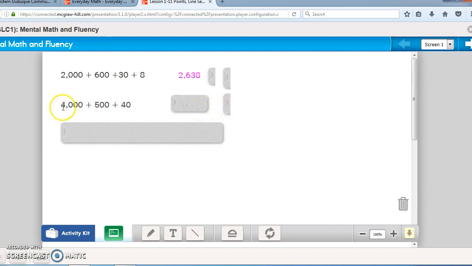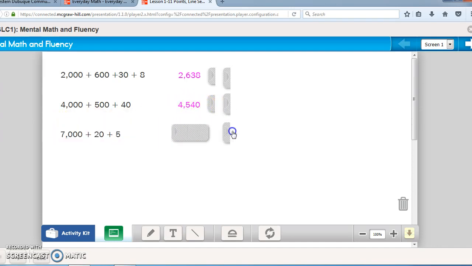Hopefully you're realizing that it's 4,540, and that's exactly how we write it, 4,540. And the final one, 7,025. Notice there are not any hundreds. So in the hundreds place, we would put a 0. So we would write 7,025 as 7025.